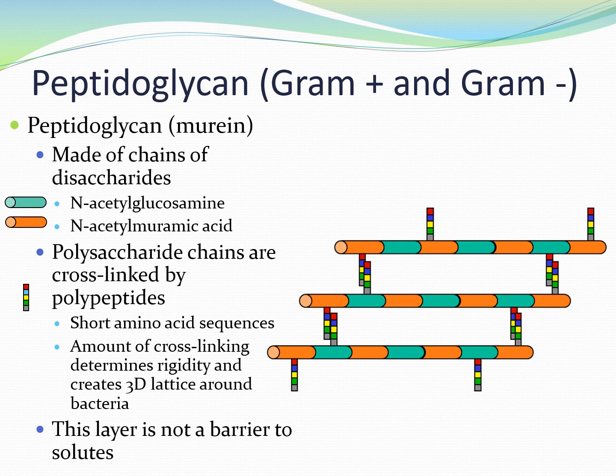Moving on to the peptidoglycan layer, remember in gram-positive cells, this is going to be particularly thick. In gram-negative, not so much. What this is made up of is murein, or chains of disaccharides. So we have sugar chains and protein chains, the protein chains being a little bit smaller. What this creates is something kind of like a chain link fence that helps as a barrier to solutes in and out of the cell.